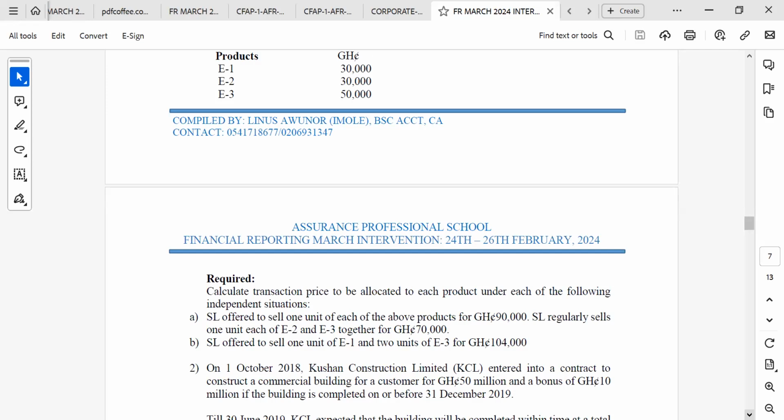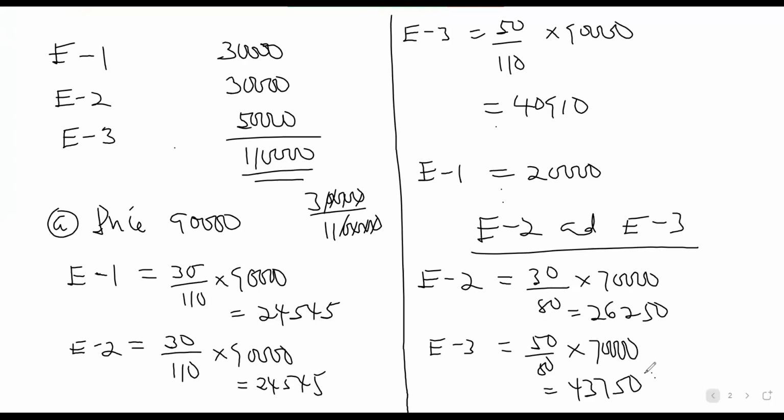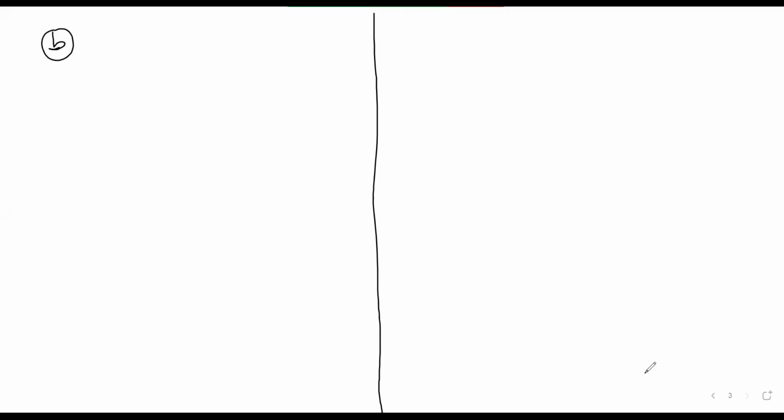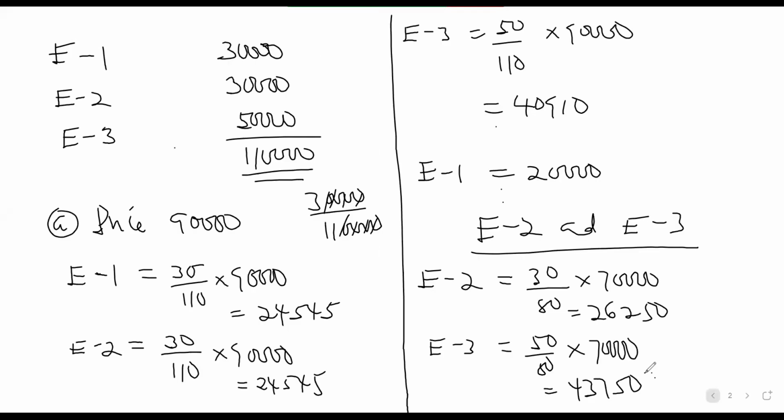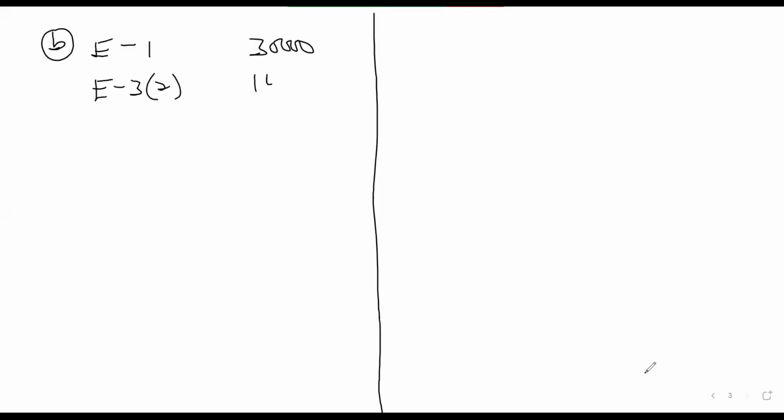The question now is, if you are selling 1 unit of E1, how much should you have sold it? 30,000. So E1 would have been 30,000. If you are selling 2 units of E3, what should have been the total you should receive? That would be 100,000, isn't it? So the total amount that you should receive should have been 130,000, isn't it?